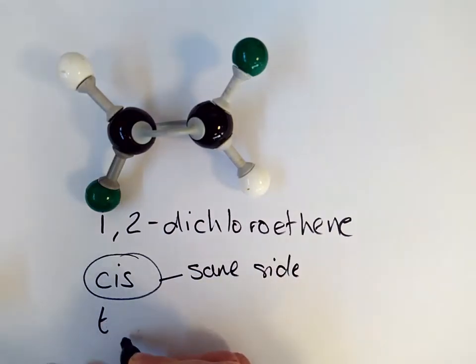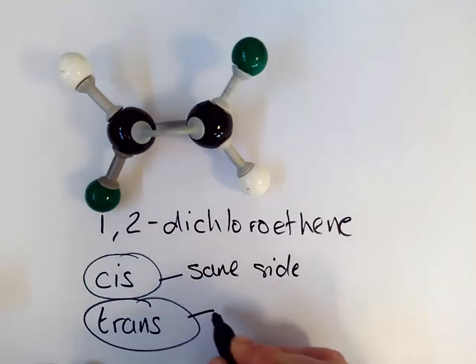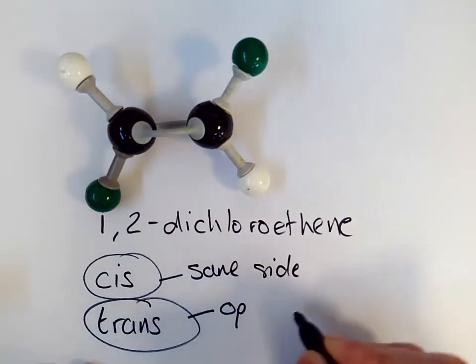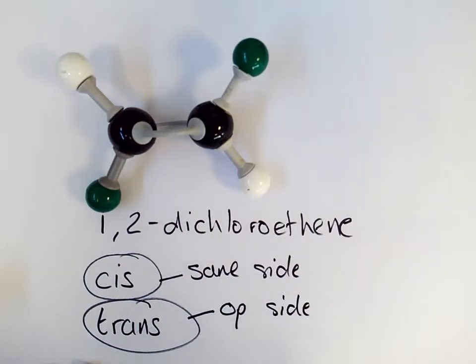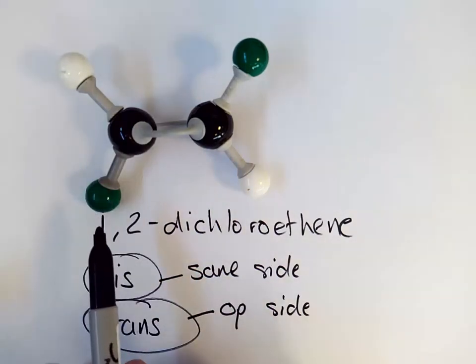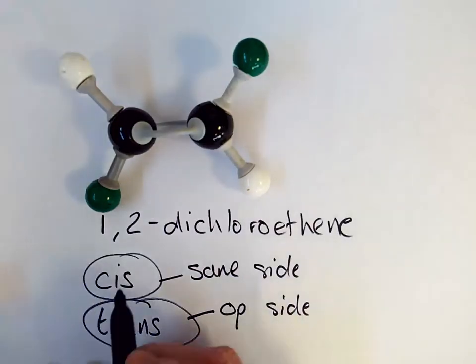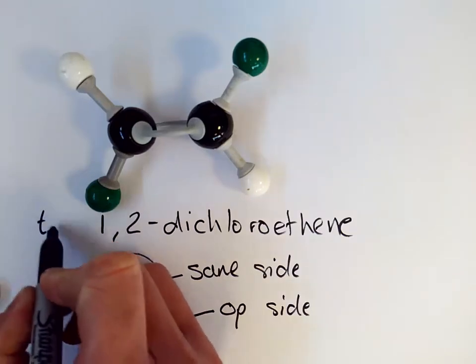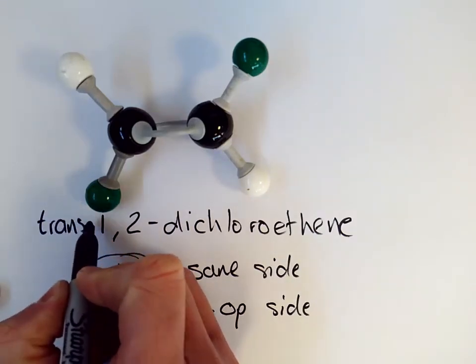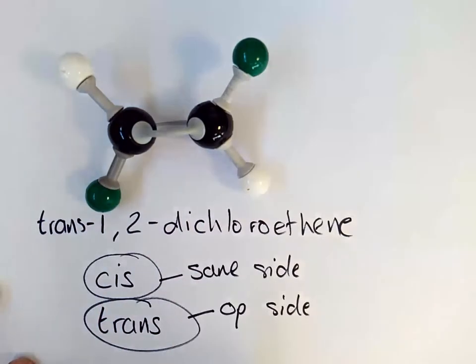Or alternatively, we can use the word trans at the start of our name to indicate that they are on the opposite side of the double bond. So our model here of 1,2-dichloroethene with the chlorines on opposite sides of the double bond can be named trans-1,2-dichloroethene, and we just pop that bit of the name at the start, so trans goes in here, trans-1,2-dichloroethene.